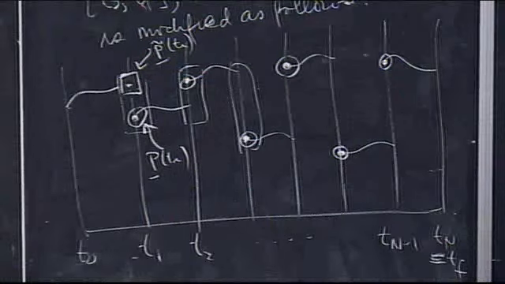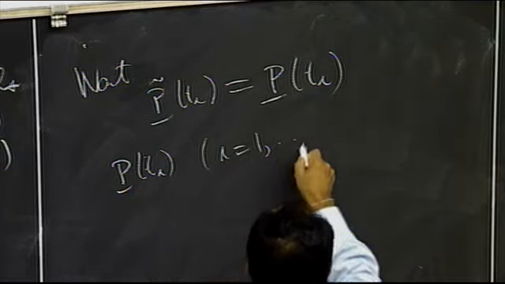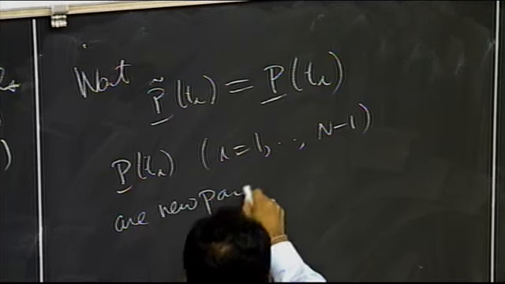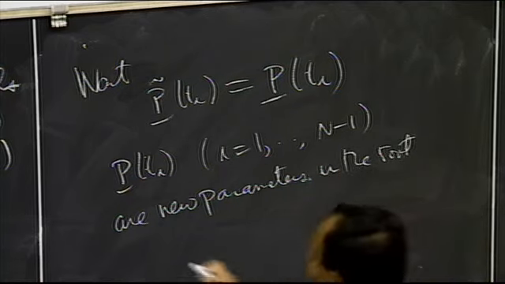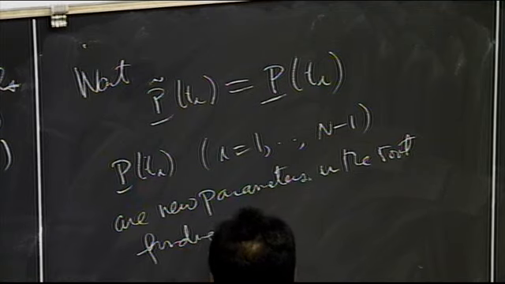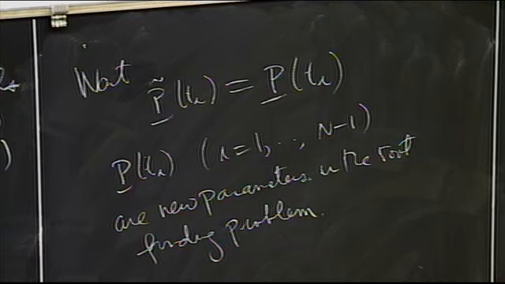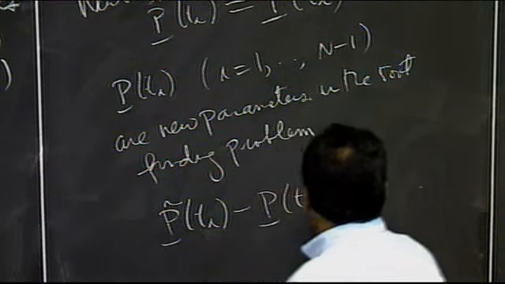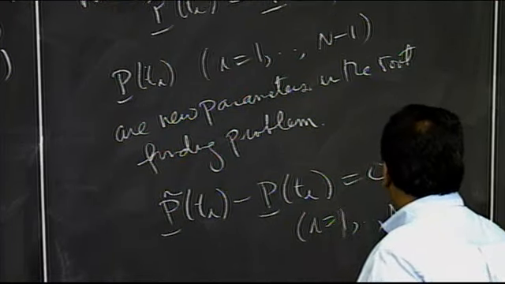So p of ti, for i going from 1 up to n minus 1, are new parameters in the root finding problem. So in addition to all of those boundary conditions psi that have to equal 0, you now have a bunch of additional conditions that say that p tilde of ti minus p of ti also have to equal 0. And that's for i equals 1 up to n minus 1.